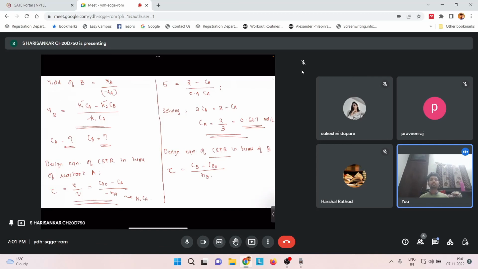The thing to note here is that in the question they have mentioned that the feed is pure A. So that means this Cb0 will be 0. So tau will be basically Cb by Rb, and Rb we have written as K1 Ca minus K2 Cb.